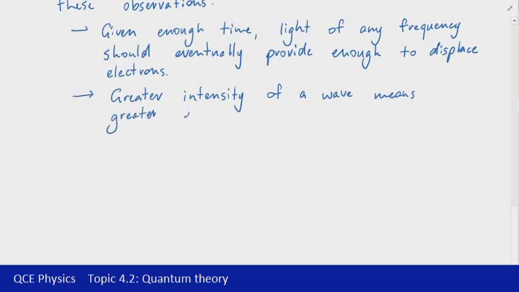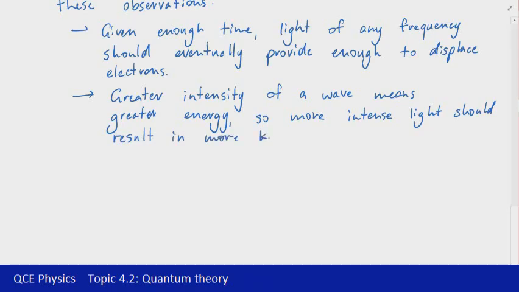So if we're dealing with light as a wave, more intense light should result in more kinetic energy of the electrons that are ejected, not that there are more of them. So there are two reasons why the wave model of light didn't work in explaining this particular phenomenon.